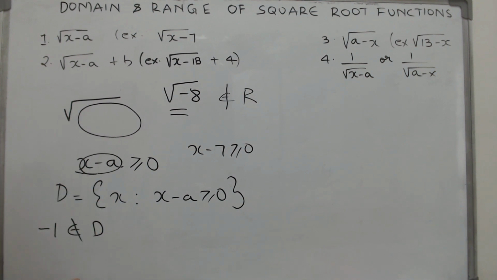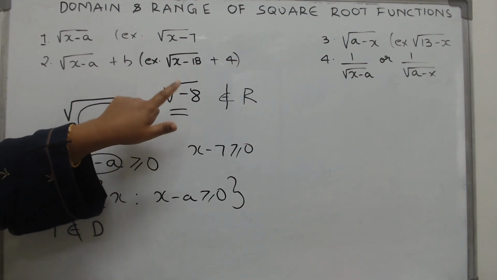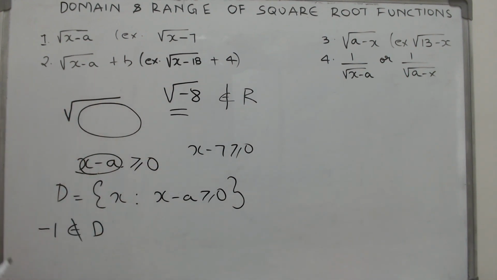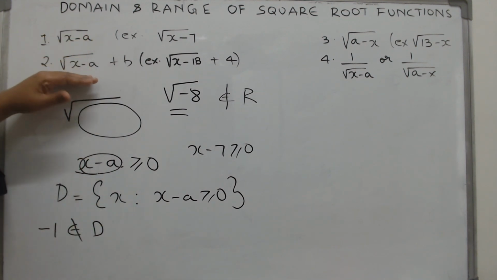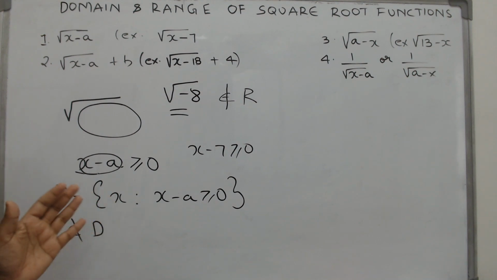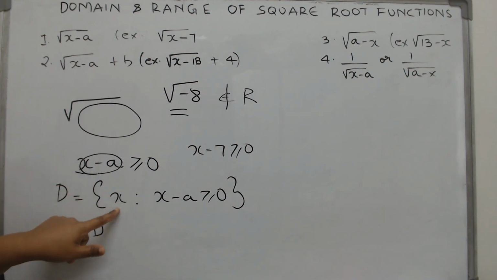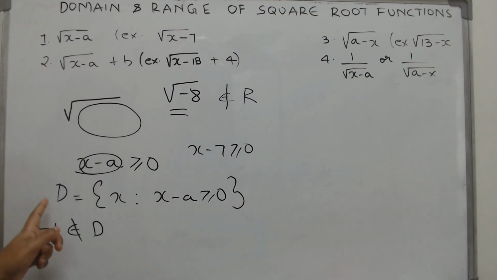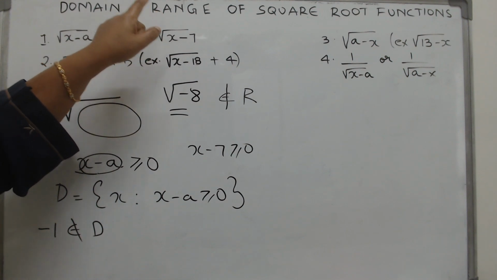We don't want complex numbers. That is why we cannot have a negative radicand. That is the only restriction that we have. So in each of these cases, we are going to restrict our x so that our radicand is positive, and according to that domain, we are going to find the corresponding range.